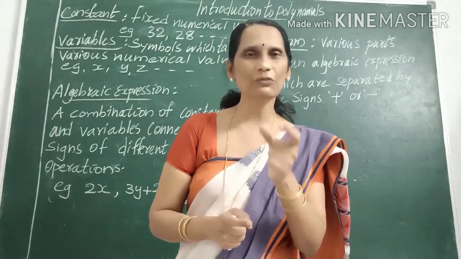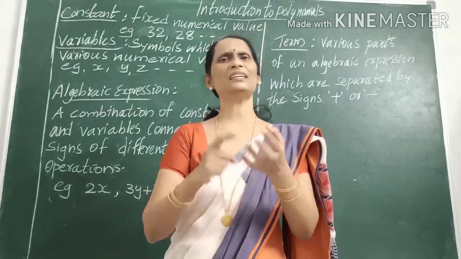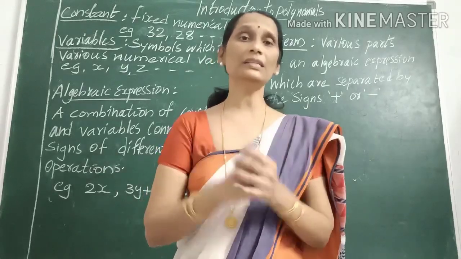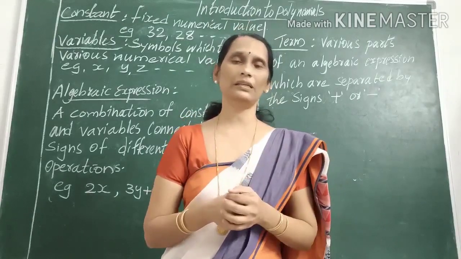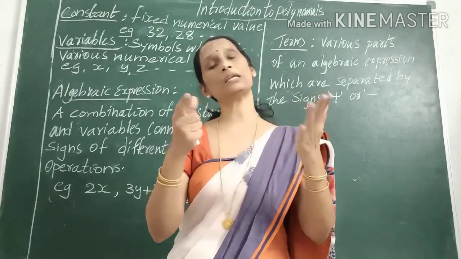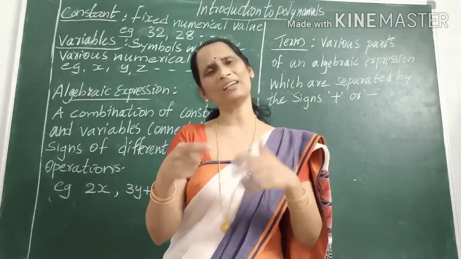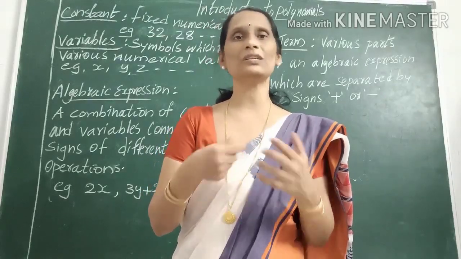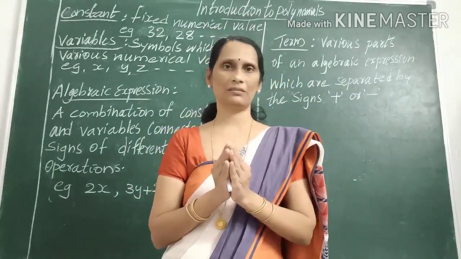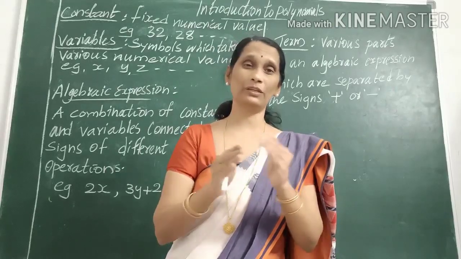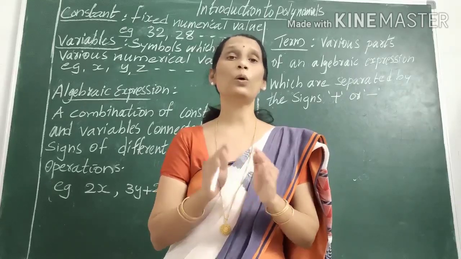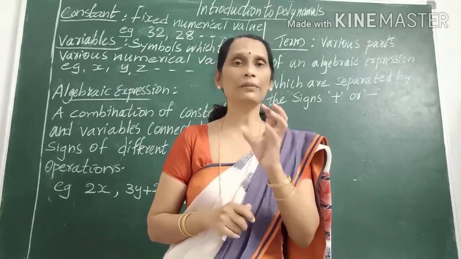It is having a fixed value, any real number. Next, what is a variable? Variable is changing its values. It is a symbol which can take various values. So if you use constants and variables connected by plus, minus, into and division, we call it an algebraic expression.